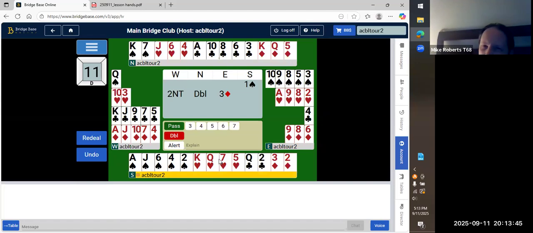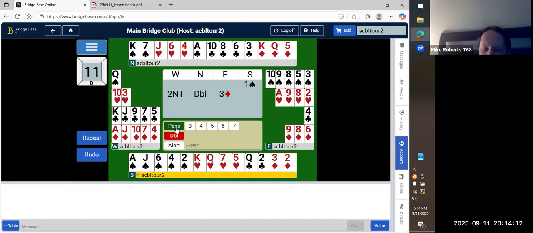Just because I have 4 cards in hearts, that isn't a good enough reason to get us off the doubling track. Our first priority is, should we be doubling this? You don't quite have enough to overrule partner. If you were 5-5 in the majors, that would be an okay 3 heart call. But with 5-4, you don't want to bid 3 hearts.